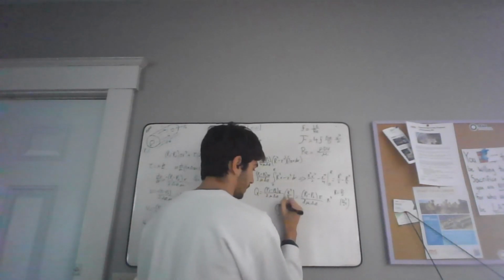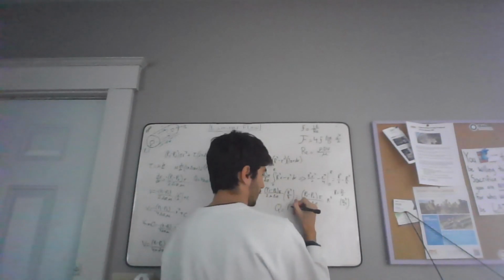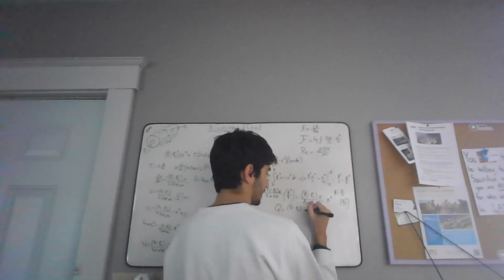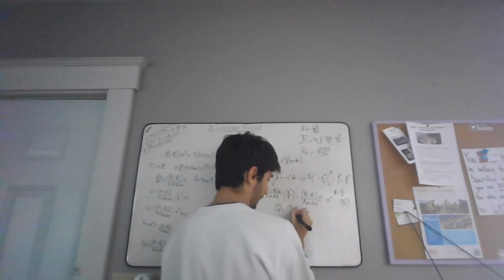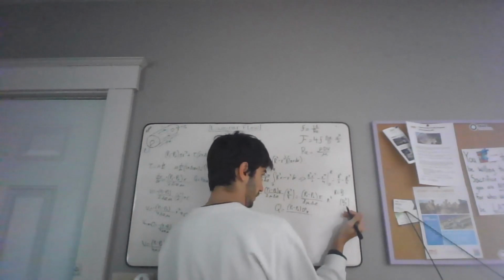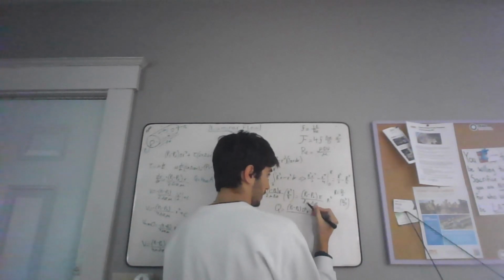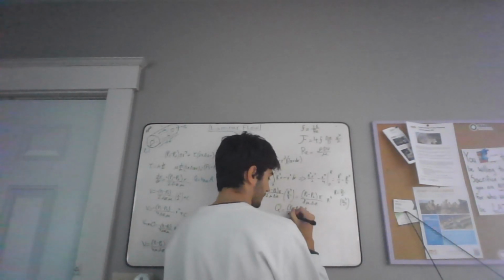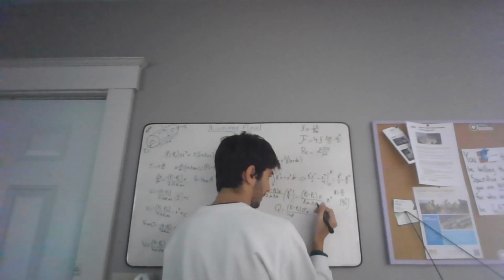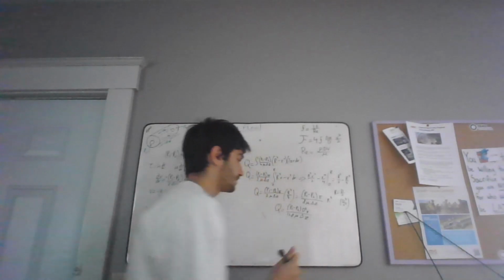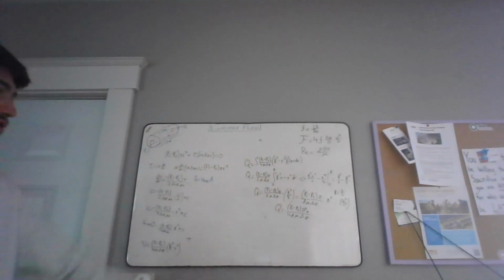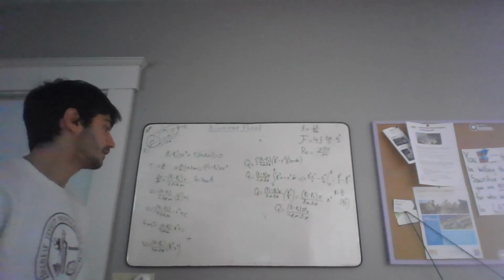So we get Q is equal to P1 minus P2 times d to the fourth pi over 2 to the fourth times 8, this becomes 128, right? Mu dz. Alright, there's our expression for our volumetric flow rate.